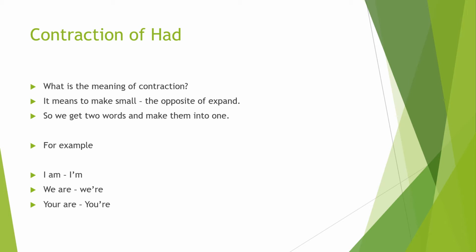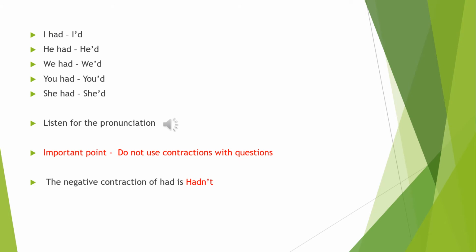For example, I am becomes I'm. We are becomes we're. You are becomes you're. So I'm, we're, and you're, these are called contractions. Unit 5.